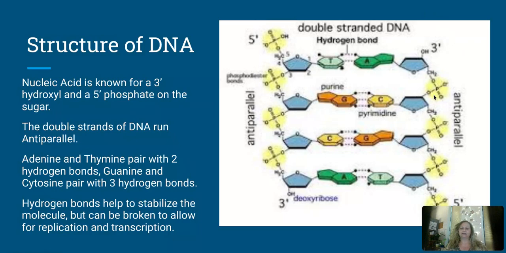Guanine and cytosine, again, have a different structure, and they are going to form 3 hydrogen bonds together. Hydrogen bonds are going to help stabilize the molecule by allowing the 2 sides of the double-stranded DNA to attach together, but those bonds can also be broken fairly easily to allow for replication and transcription.